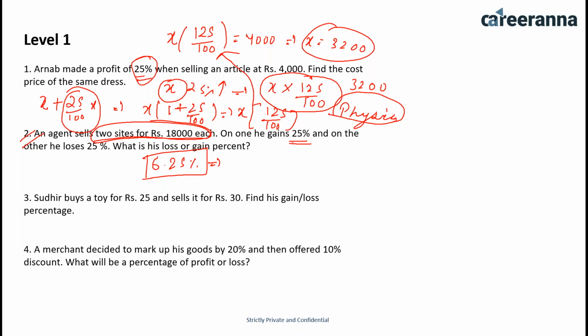So if there is X% profit and X% loss, yes, exactly, Niharika, what you can do is there is a formula X multiplied by X divided by 100. So you can say X square by 100, and X is the profit or loss percentage. Is it clear to all? So guys, keep this formula in your mind.